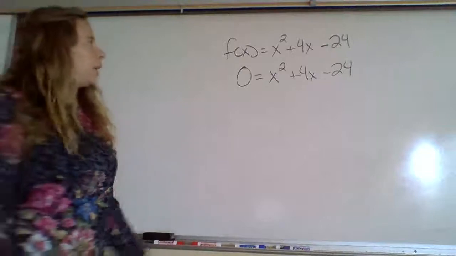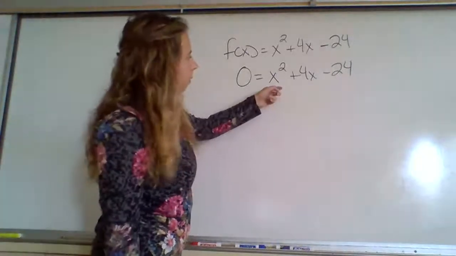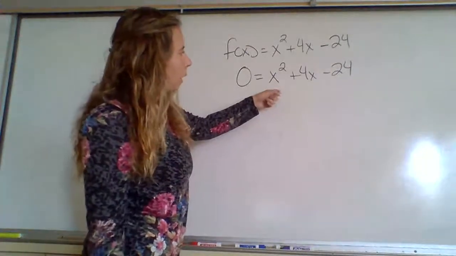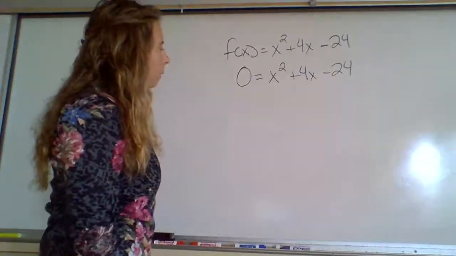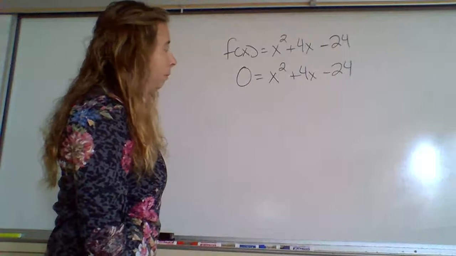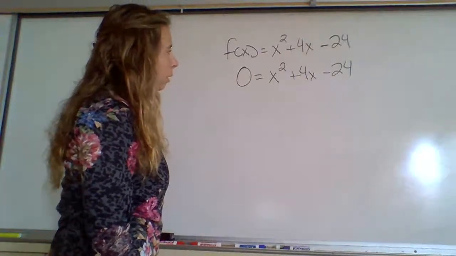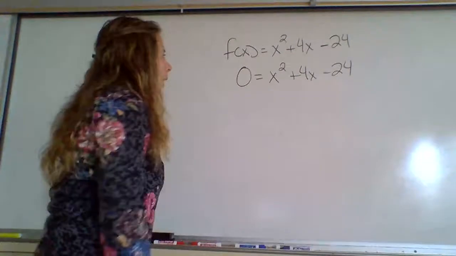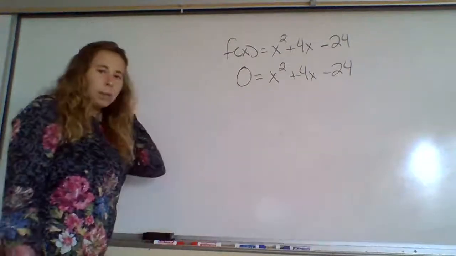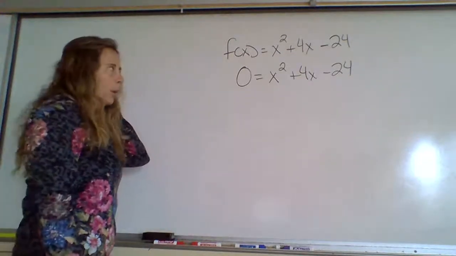And then you can solve this by factoring, quadratic equation, or completing the square. I think, if I remember right, you can factor this one. 12 and 2, 8 and 3, 6 and 4. I guess you can't. Okay, so then we can either complete the square or use the quadratic equation. You can do either one.